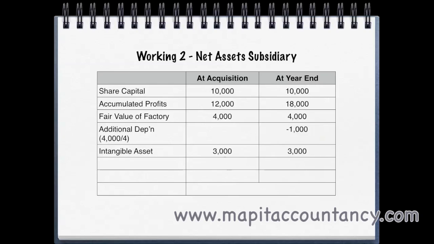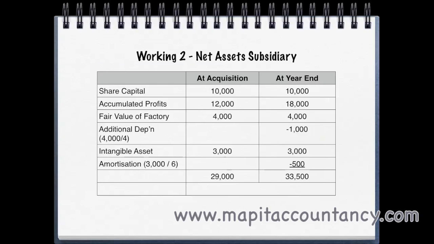We're also told that these lists last on average for 6 years. So we will amortise it over its useful economic life of 6 years. Again, it's 1 year since the acquisition, so the amortisation will be the 3,000 value divided by the 6-year useful economic life. So that's 500 of amortisation to apply.